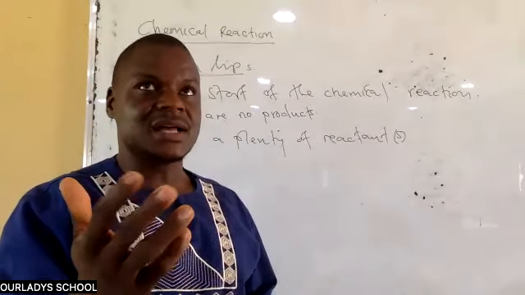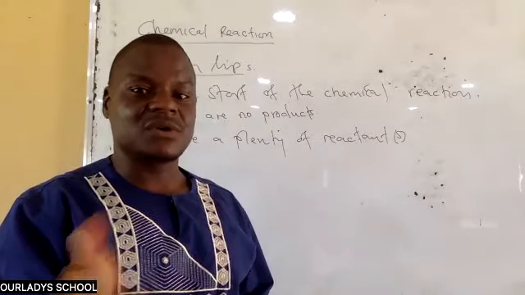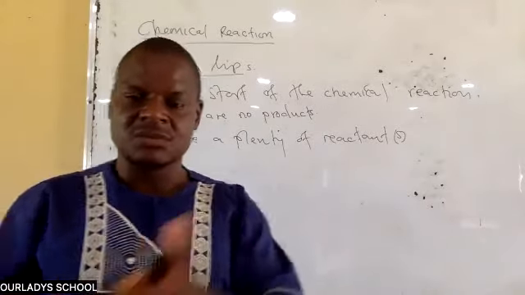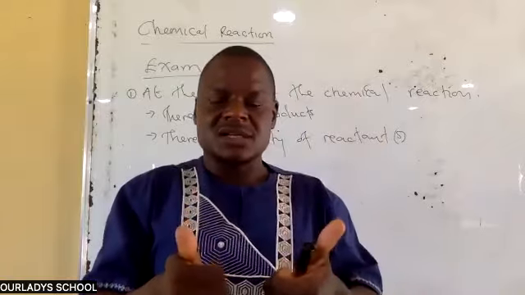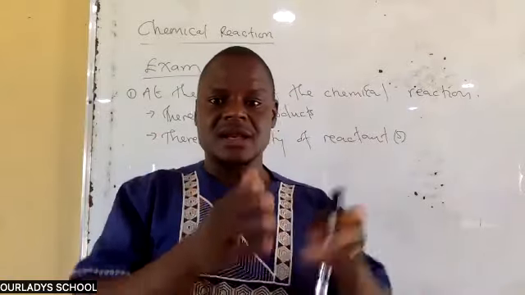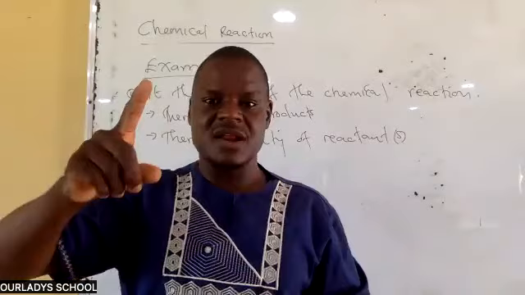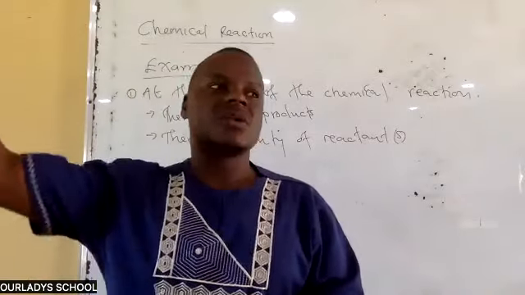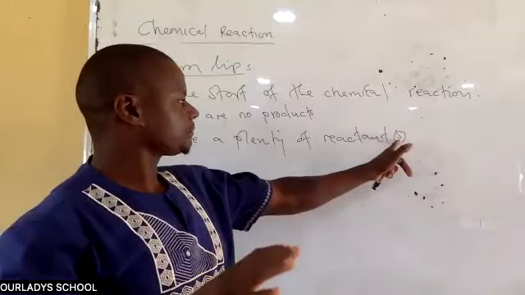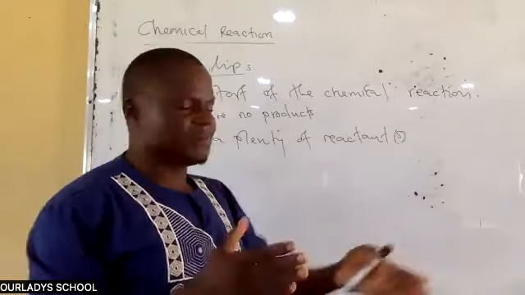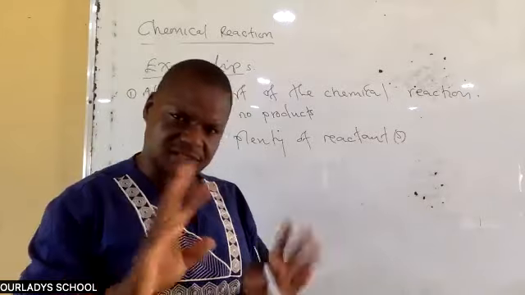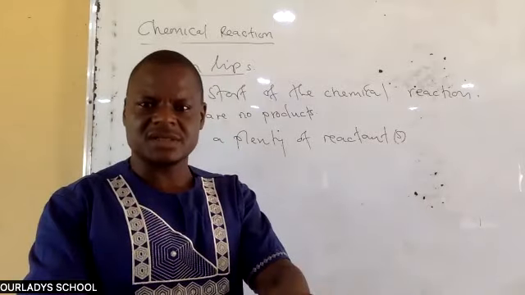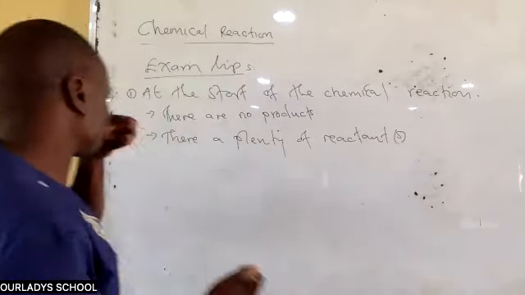And this type of reactions are the ones we call decomposition reactions, because the decomposition reactions actually start with one, and then at the end of the day, that very one that you have gets to disintegrate. You get to have more than one product. So it's not always that at the beginning of a reaction, you should have two reactants. It depends on the chemical reaction that you're dealing with.